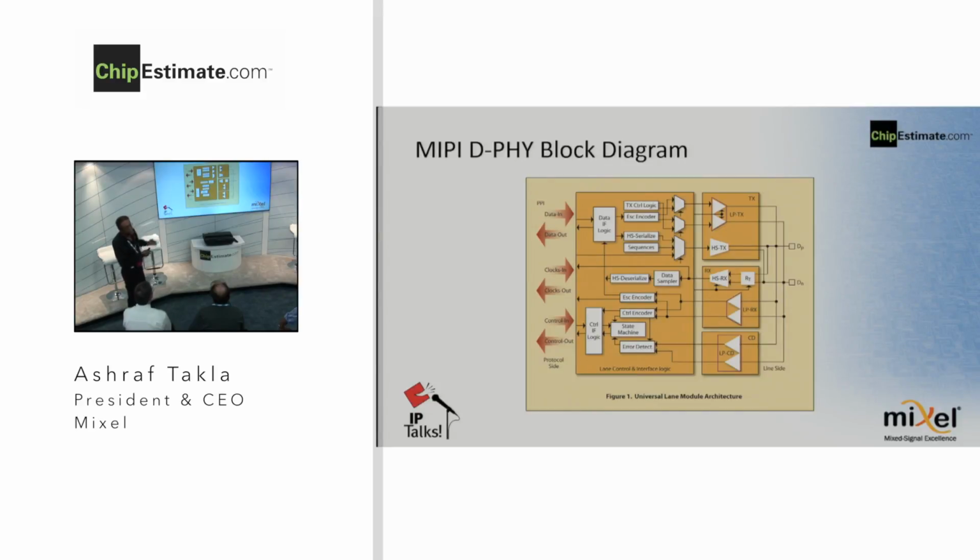Now, of course, we have developed different flavors. We have an IP that is only transmitter, and an IP that's only receiver. We also have IPs that try to get the best out of the receiver and the universal lane. And I'll talk a little bit more about that.